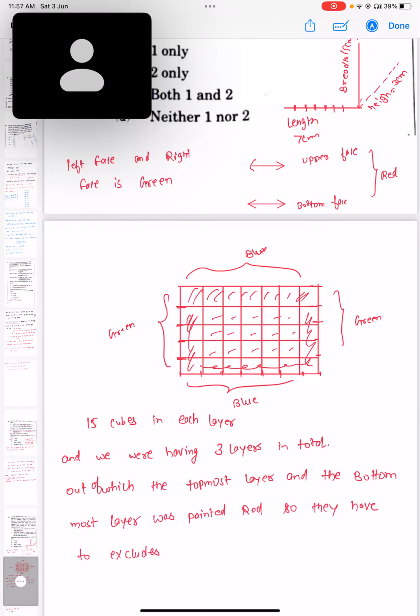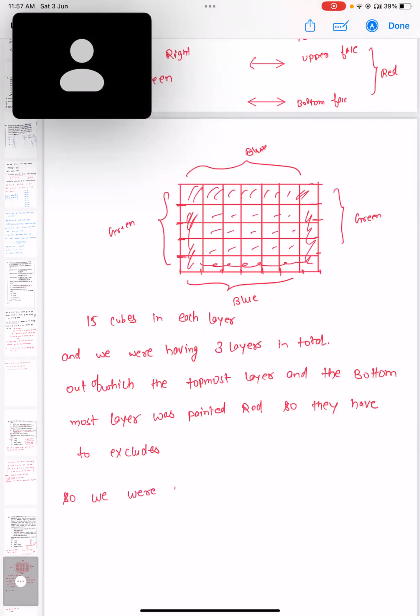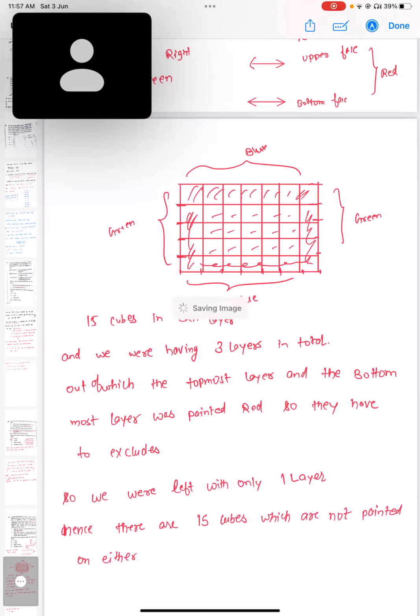So we were left with only one layer. Hence there are 15 cubes which are not painted on either side. Fine. So option 1 is true.